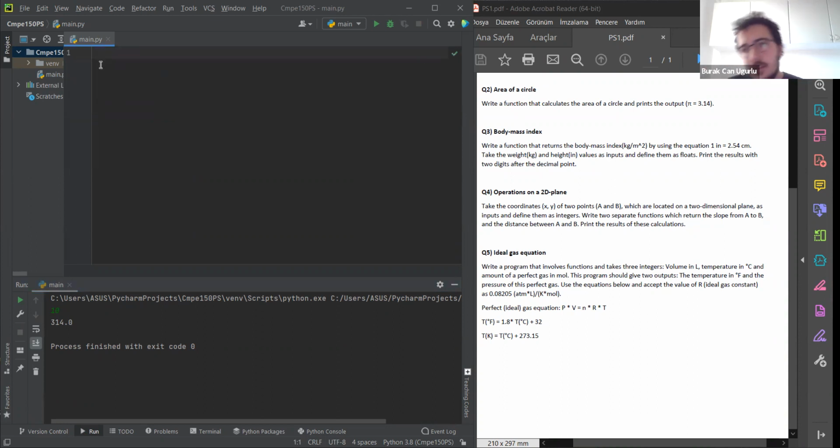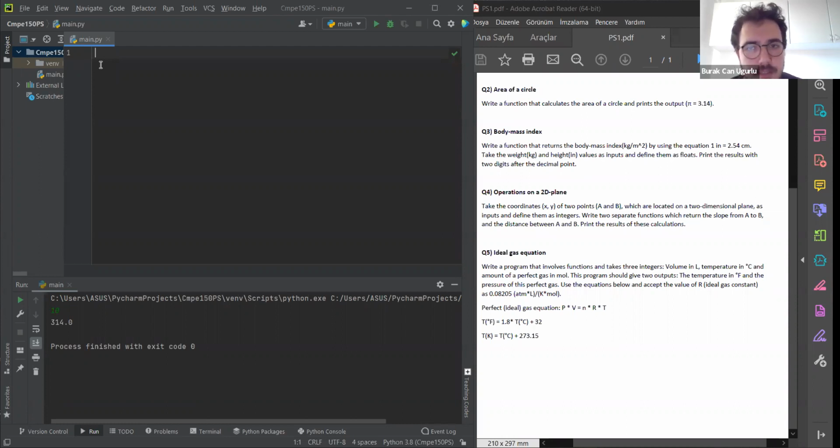It's a question still on functions, and we will also use the parameter feature of functions in Python. So what does this question ask us to solve? We should write a function that returns the body mass index. It is defined as kilograms divided by meters squared, by using the equation 1 inch is equal to 2.54 centimeters.